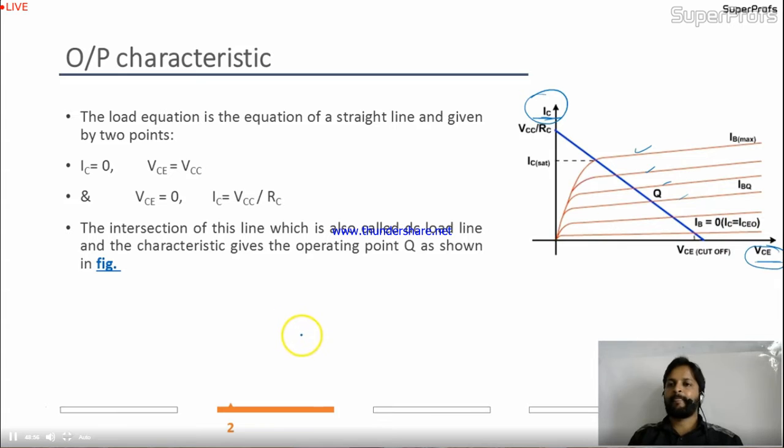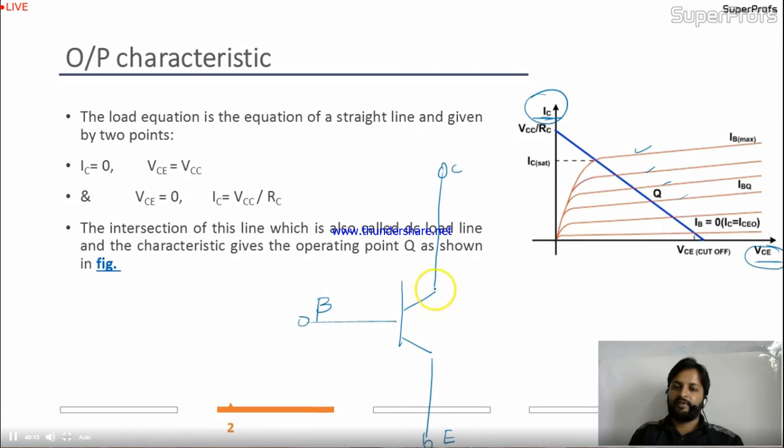Is it okay? Now tell me one thing. When VCE is 0, in the diagram, if you remember, this is collector, this is emitter, and this is base. VCE is 0 means short circuited.